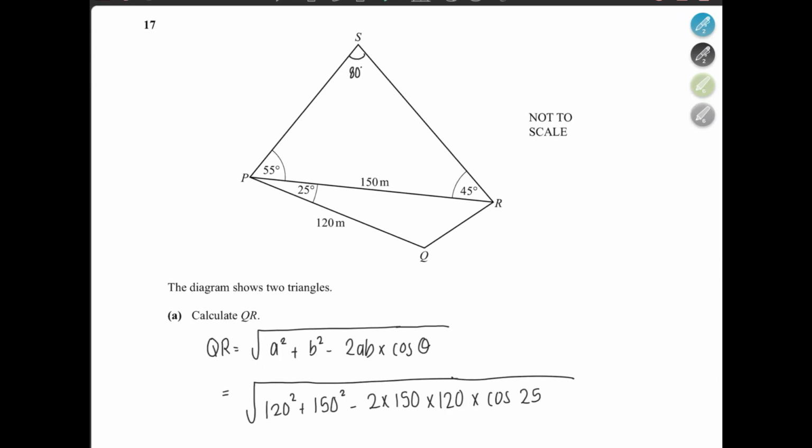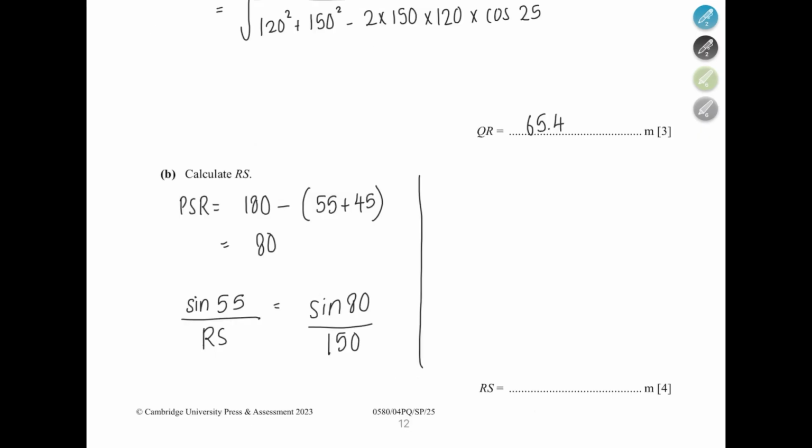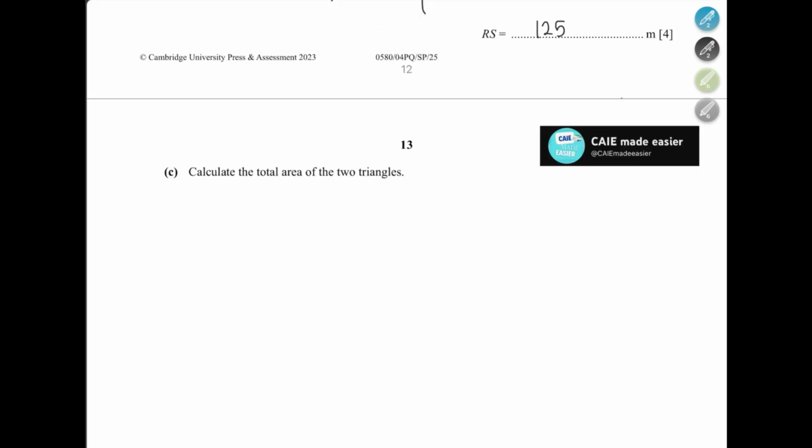Sine 55 over SR equals sine 80 over 150. Then RS is going to be 150 multiplied by sine 55 divided by sine 80, and this is going to give us 124.7. So we can write this as 125.